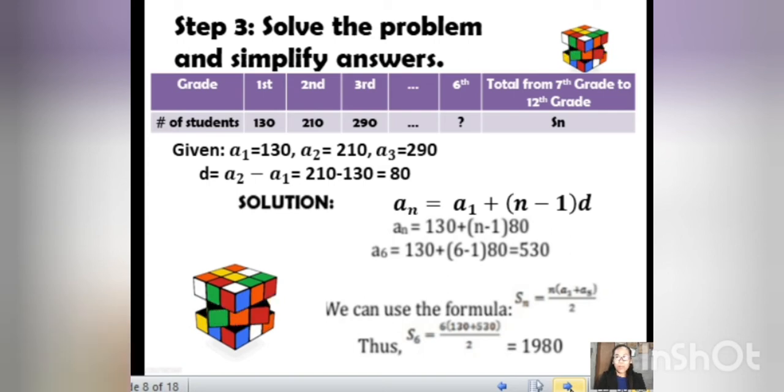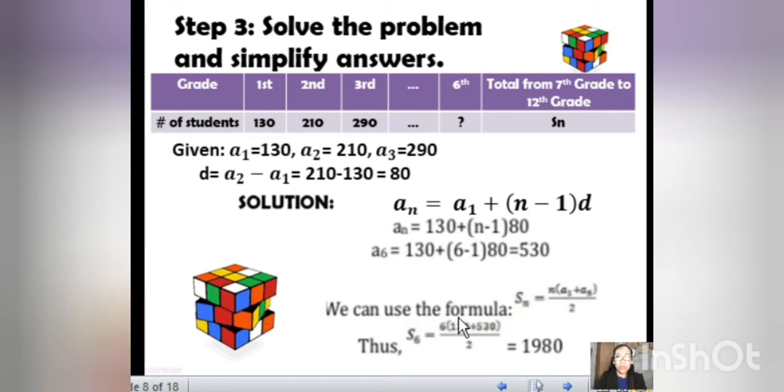And then to find the sixth term, we have to substitute d and n into the formula. So a sub 6 is equal to 130 plus the quantity 6 minus 1 times 80, which will give you 530. So 530 is the total number of students in the 12th grade.